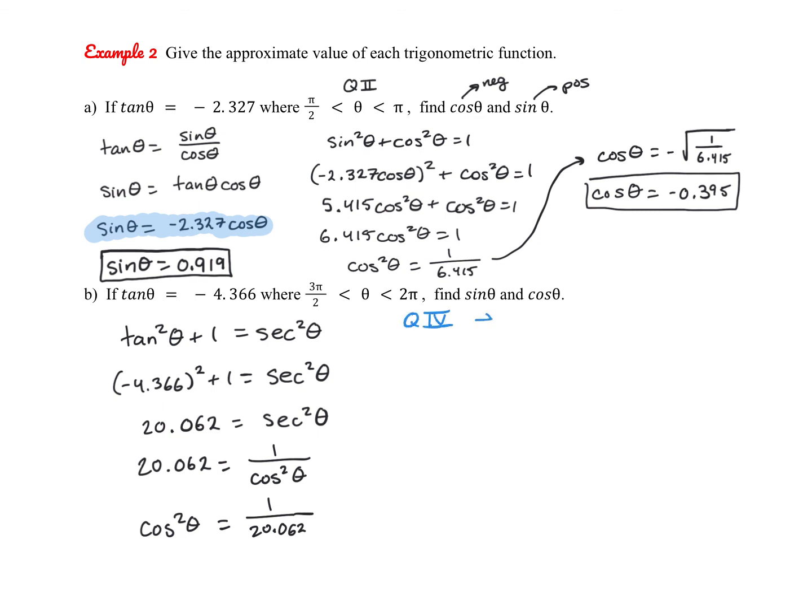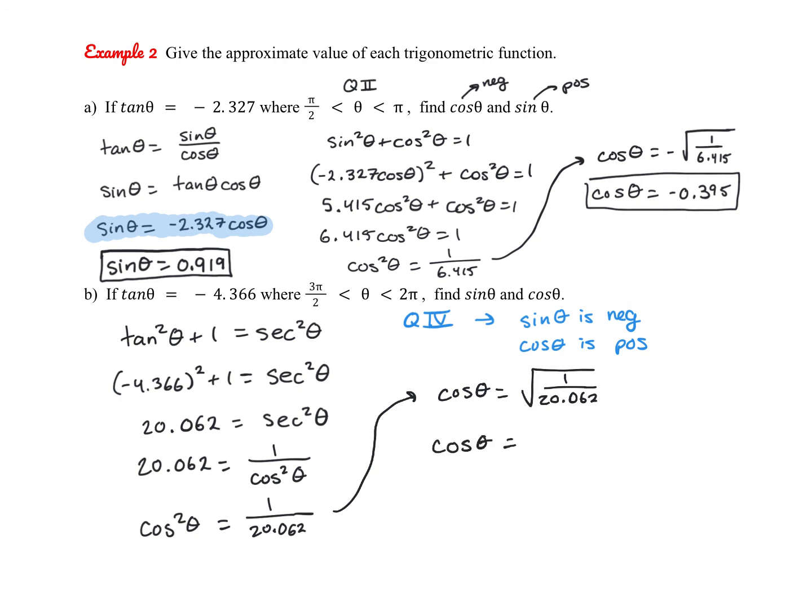And I know in quadrant 4, sine is negative and cosine is positive. So our answer here should just be the positive square root. So cosine of theta is the positive square root of 1 over 20.062, and we could plug that into our calculator real quick. And we get approximately 0.223.